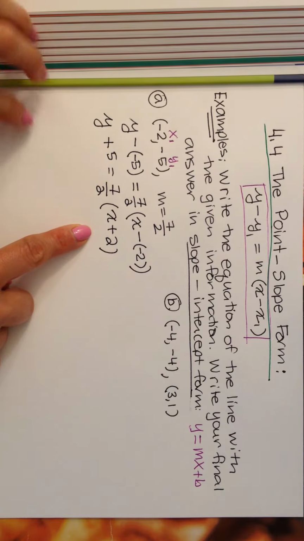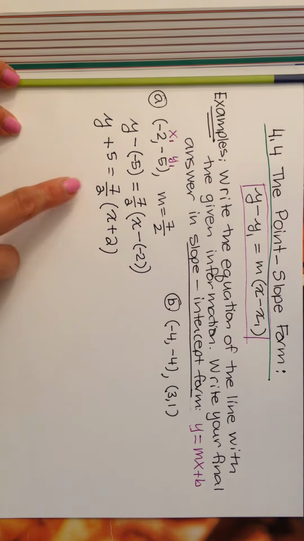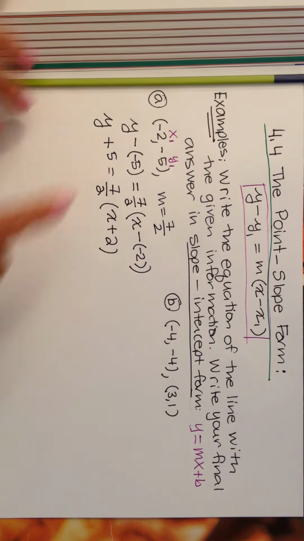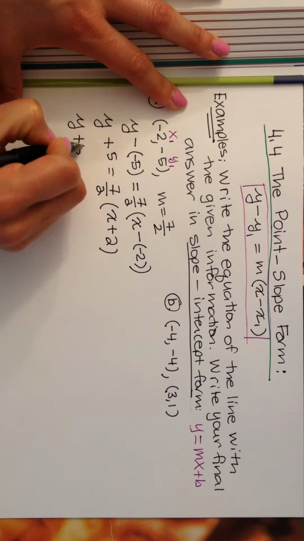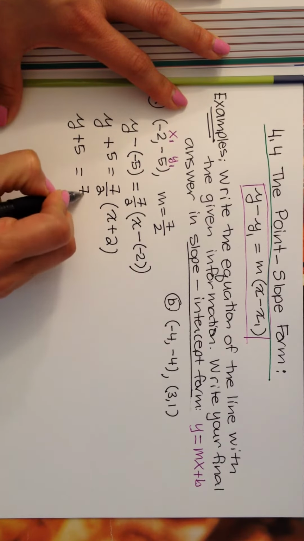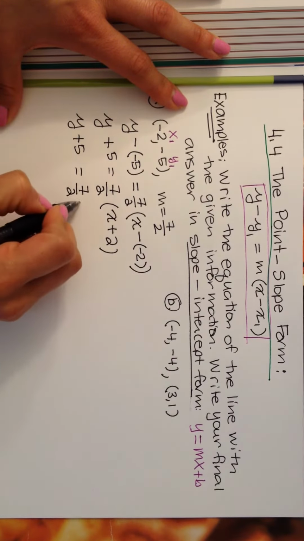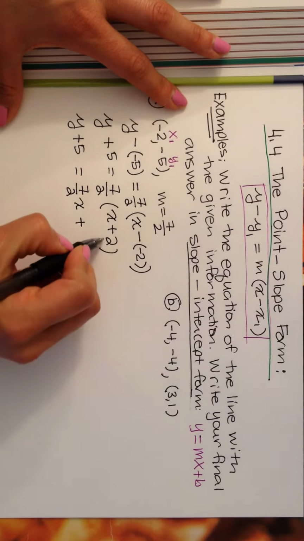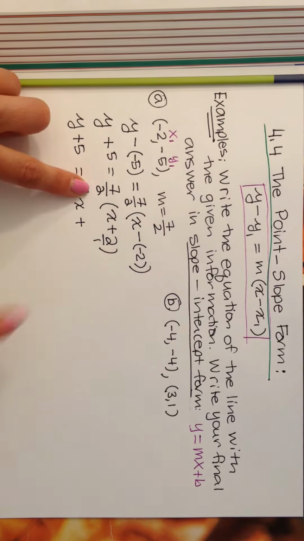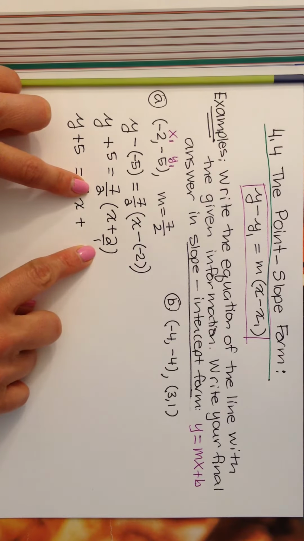So essentially you have to do two things: distribute 7 over 2 and subtract 5. Let's distribute first. Okay, now this is 2 over 1, 7 over 2 times 2 over 1.